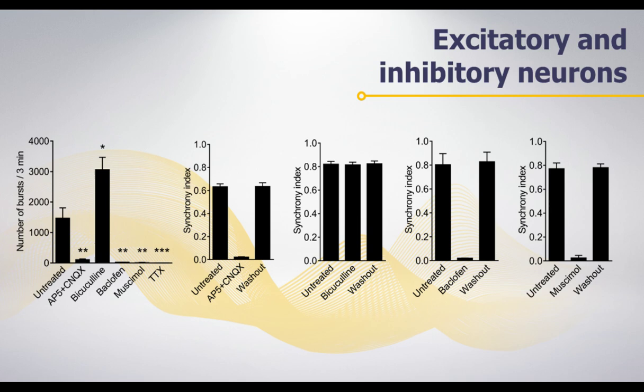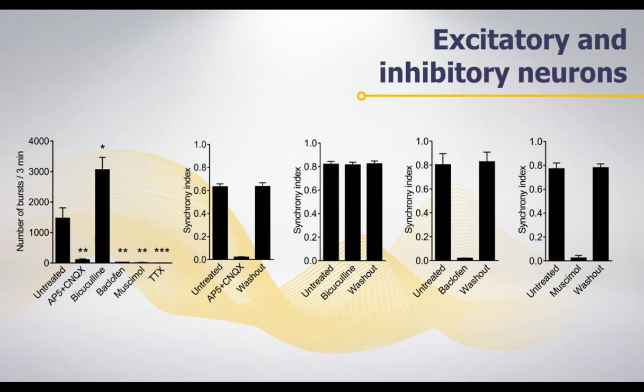I also mentioned that we have both excitatory and inhibitory neurons, and we did some pharmacology on top of these multi-electrode arrays to really prove that we have both excitation and inhibition. For example, when we treat these brain organoids with bicuculline, which can specifically block GABAergic activity, we see an increase in activity.